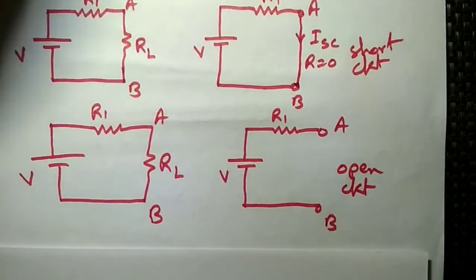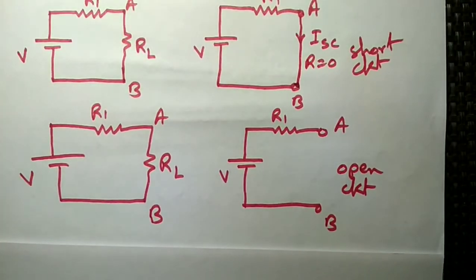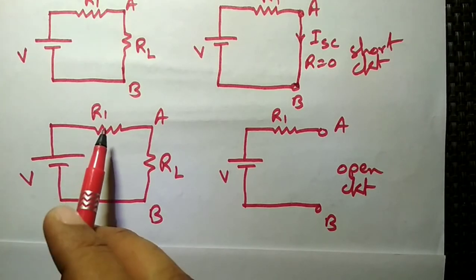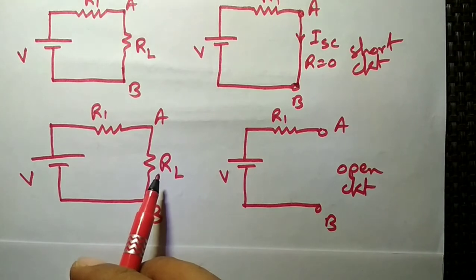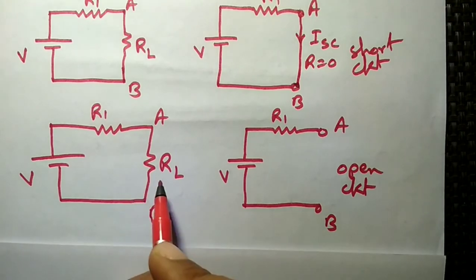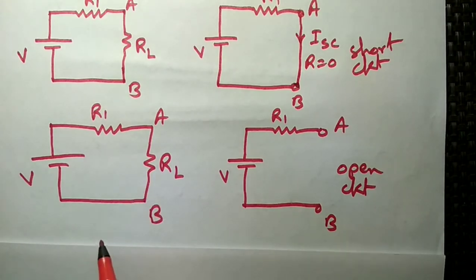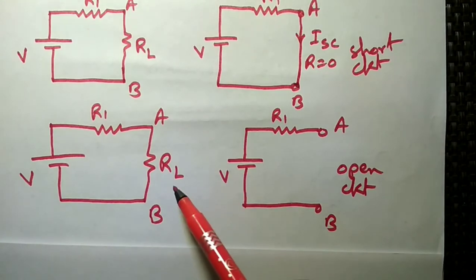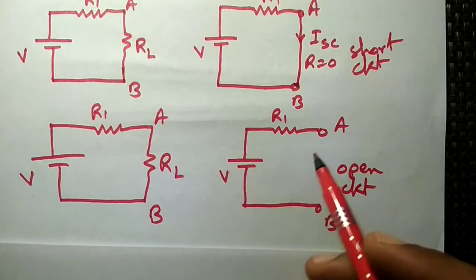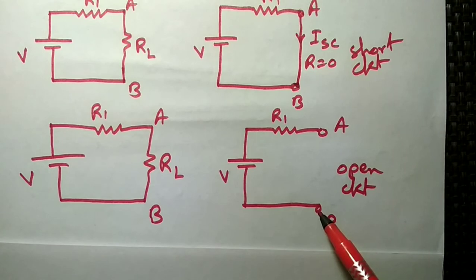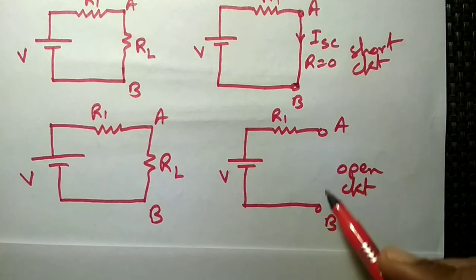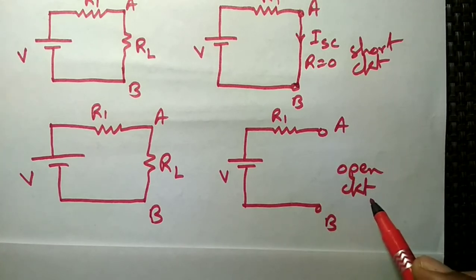Now for the example of the open circuit, we have another circuit with a voltage source, R1 as the resistance, and RL as the load resistance, and we have to make the load terminals open. So we will simply remove the load resistance from between terminals A and B. If we open this terminal, it becomes an open circuit condition.